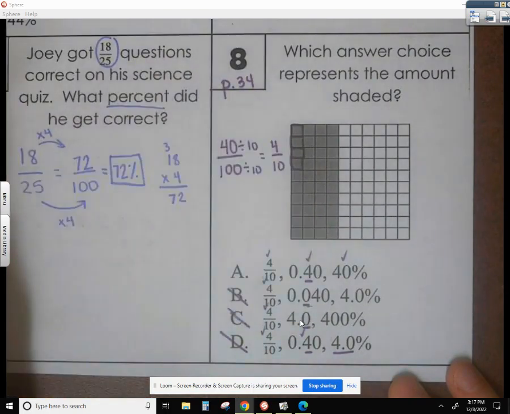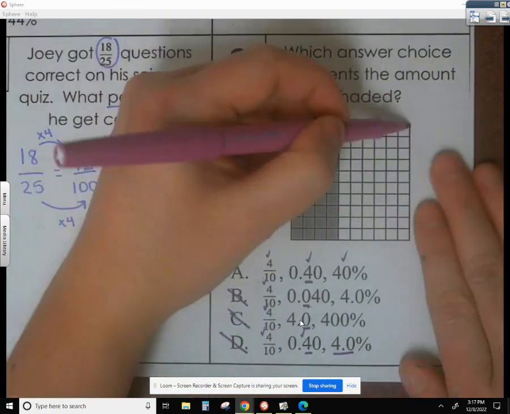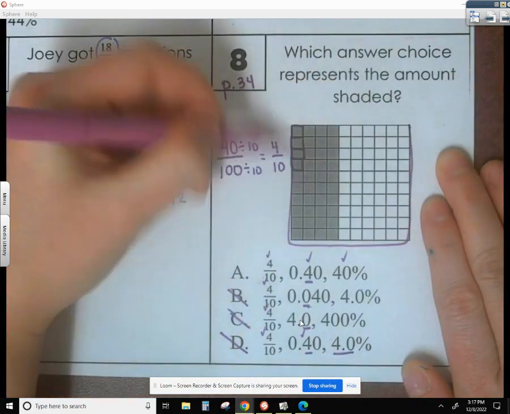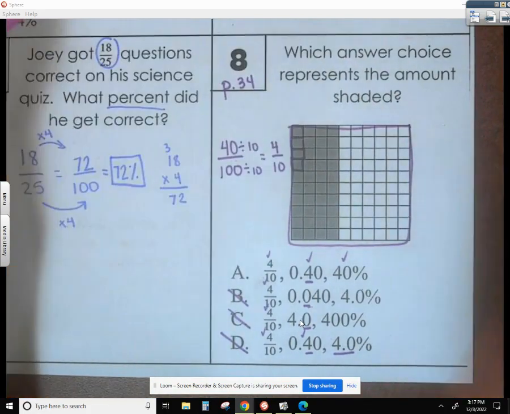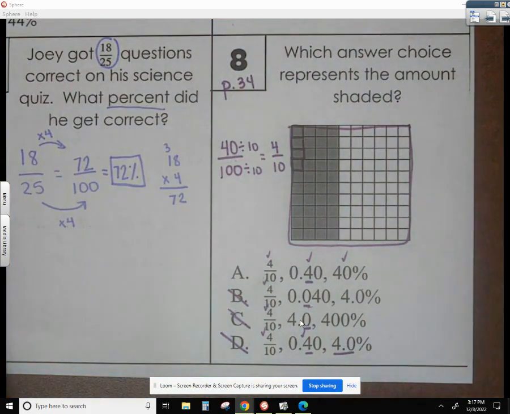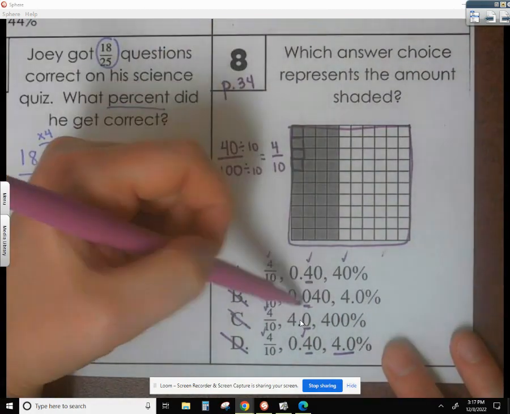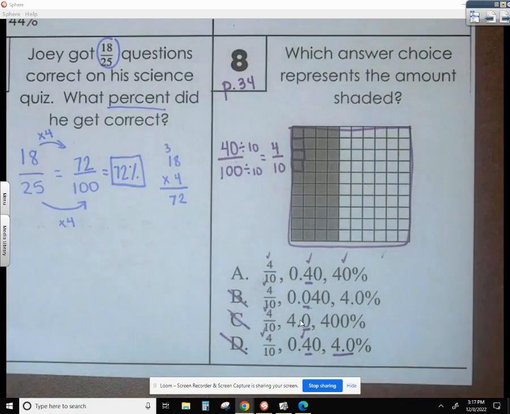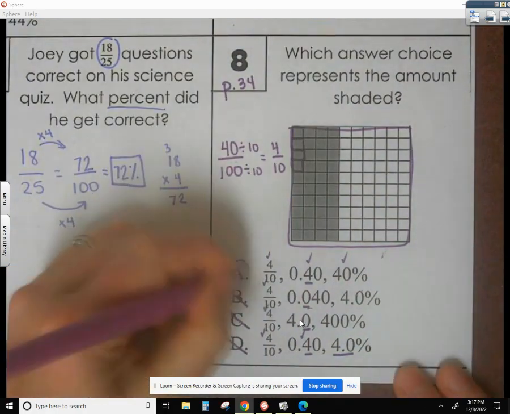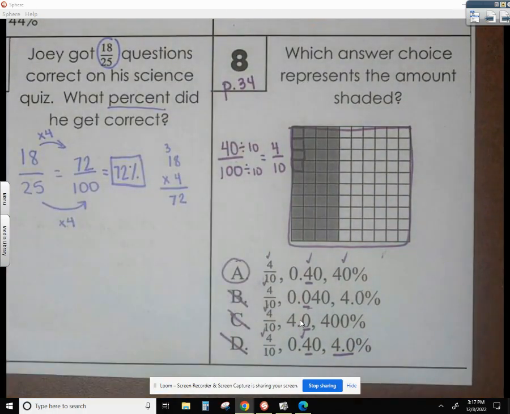And then 400%, 100% is this entire grid shaded. So 400% would have to be 4 entire grids shaded. Same thing, if I shaded this whole thing, that's 1 whole. So 4 wholes would be 4 of those entire grids shaded. So the only one that shows that amount on all 3 types of numbers is answer choice A.